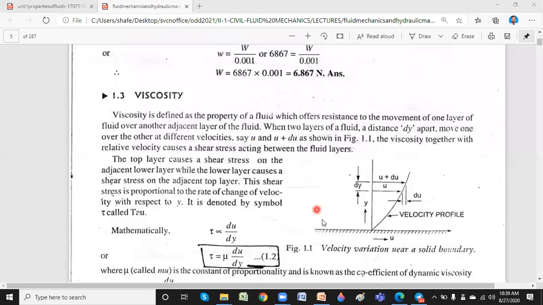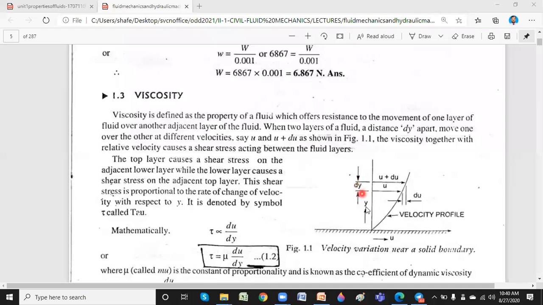In this diagram, the bottom plate is moving at velocity u, and you have one more plate which is moving at a velocity of u plus du. Both plates are separated by a distance of dy.